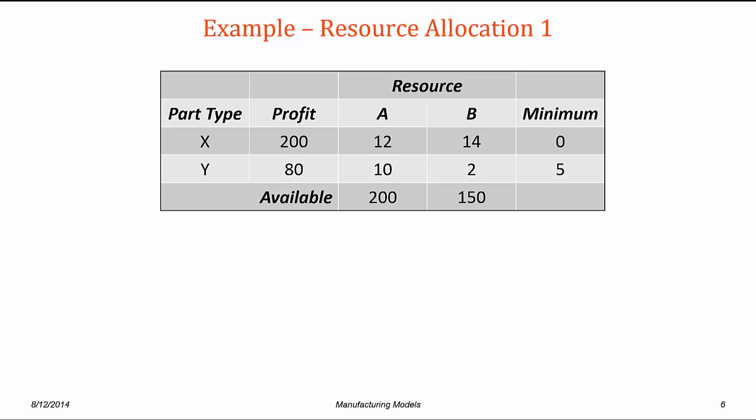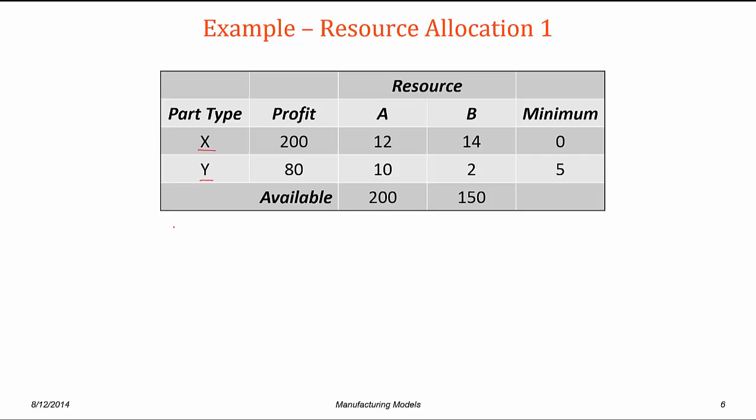So we can see we have our individual part types X and Y for each row, and associated with each row I have the profit for that part type, the resources consumed, and the minimum number required. Associated with my resource columns, I also have the amount available for each resource. And so we haven't really done anything here other than consolidate the information and present it in a form that's more amenable to formulation.